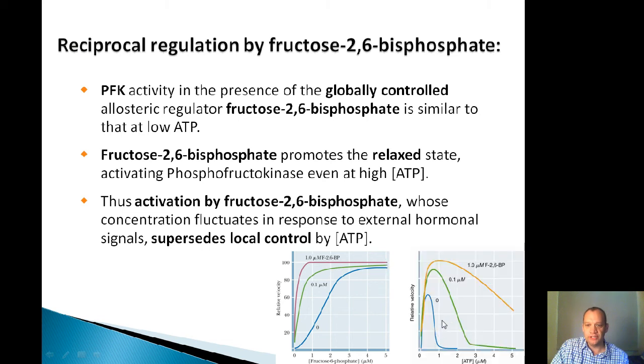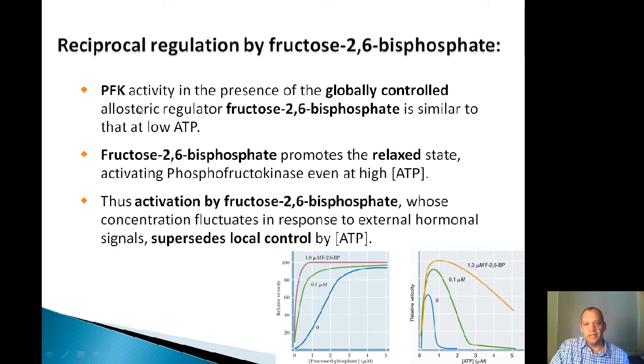So the second graph shows this with higher ATP concentrations present. If we have a high ATP concentration, it pretty much shuts down the velocity of the phosphofructokinase enzyme quickly. But if we now also have the fructose 2,6-bisphosphate present, we see that much higher ATP concentrations can be tolerated.